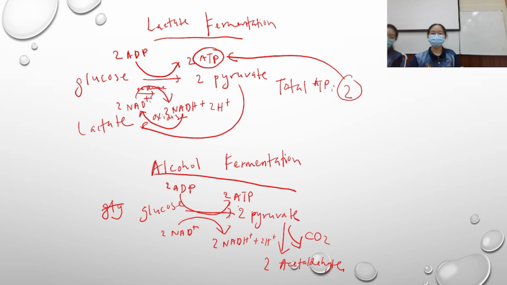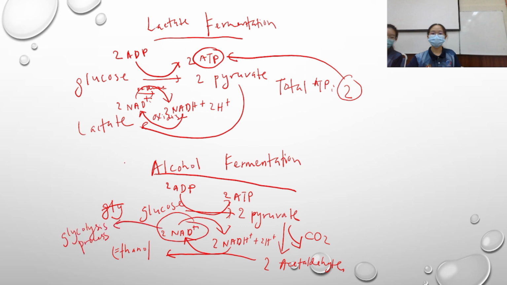The acetaldehyde will receive the electrons from the 2 NADH and be reduced into ethanol. When the NADH contributes electrons to the 2 acetaldehyde, it is oxidized into NAD+. So NAD+ is produced in fermentation, which can sustain the glycolysis process.